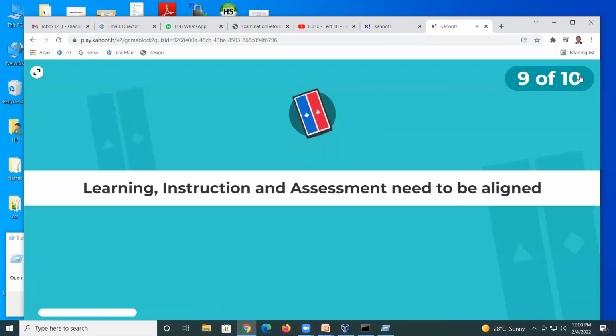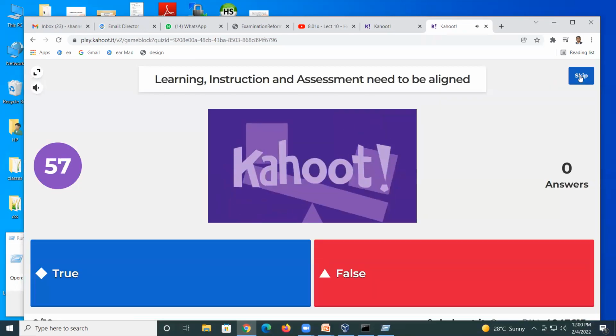Learning, instruction and assessment need to be aligned or not?